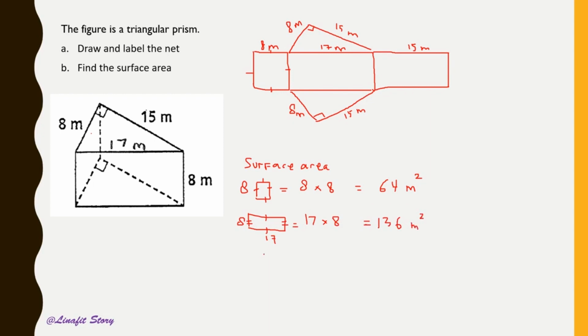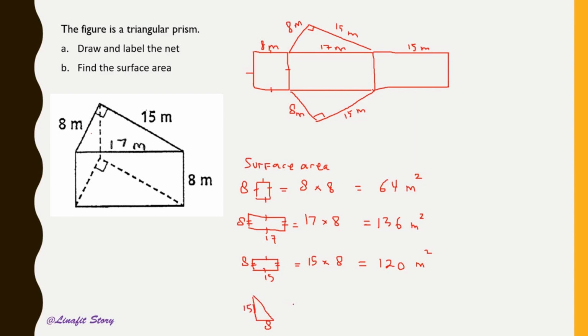And then another rectangle, the length is 15 and the breadth is 8. Length times breadth, 15 times 8 equals 120 square meters. And then there are two right-angled triangles. The base is 8, while the height is 15 meters.